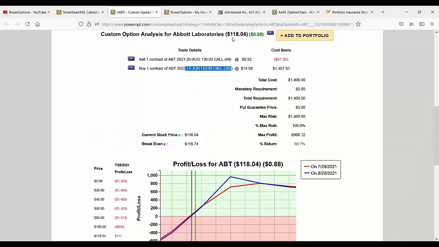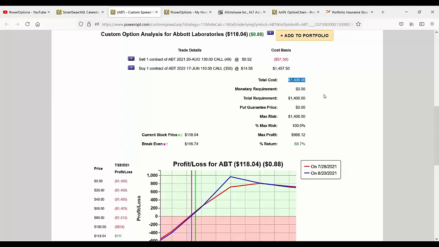What are we doing? Instead of buying the stock at $118 per share, where 100 shares will cost me $11,800, I buy one contract of the June 2022 110 call, 350 days out in time, for about $1,458 rather than $11,800. And I'm going to sell an August 130 call for 52 cents against it.